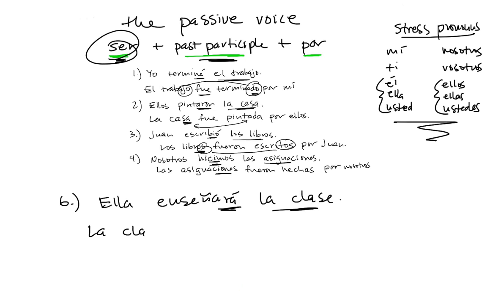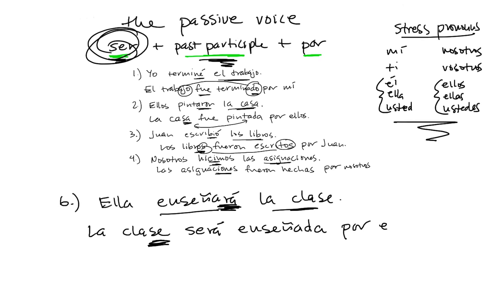La clase. This is future, so now we need a future form of the verb ser. La clase, third person singular, será. Then enseñar becomes the past participle, taught. Enseñado, except that clase is feminine singular, enseñada por ella. Okay, la clase será enseñada por ella.